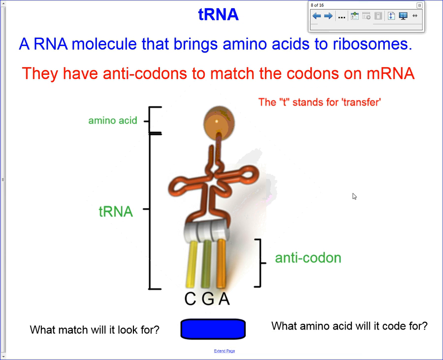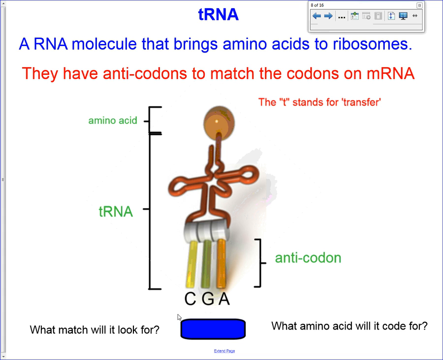tRNA is another major player here. This is another RNA molecule that brings amino acids to the ribosomes. If you look at the anatomy here, the sphere is supposed to represent an amino acid. The rest of the body allows a bond between some RNA down here and the amino acid up here. And at the bottom is something we call an anticodon. An anticodon has 3 bases, and they complement 3 other bases.